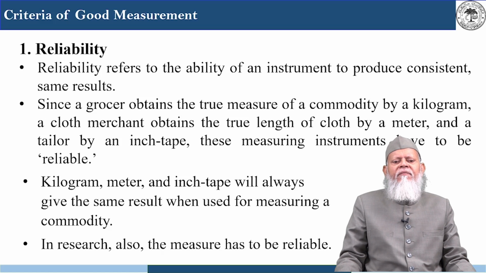Since a grocer obtains the true measure of a commodity by a kilogram, a cloth merchant obtains the true length of cloth by a meter, and a tailor by an inch tape, these measuring instruments have to be reliable. That kilogram, meter and inch tape have to always give the same result when used for measuring a commodity.